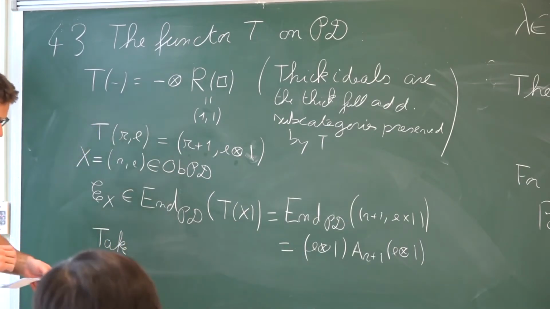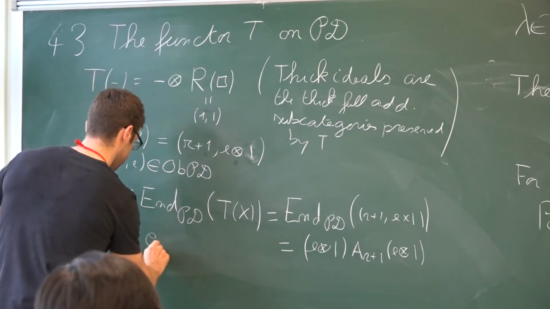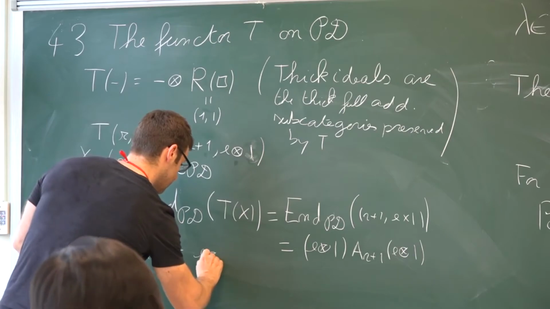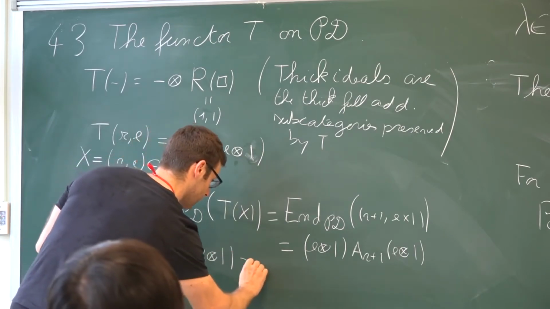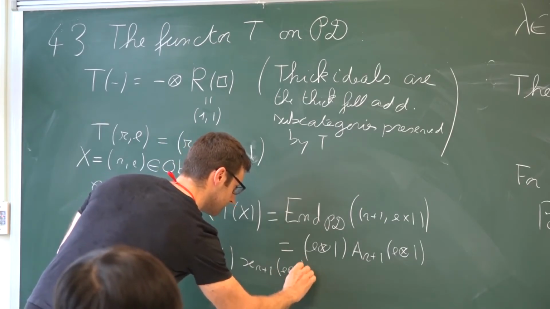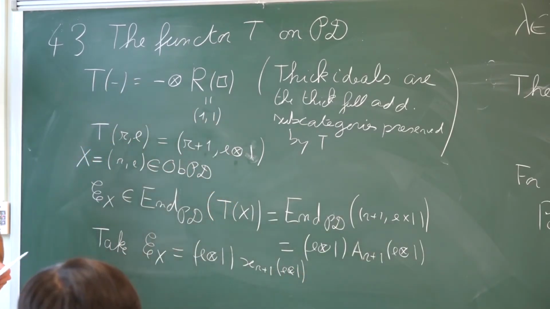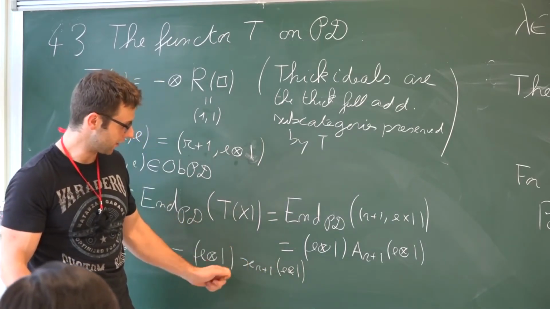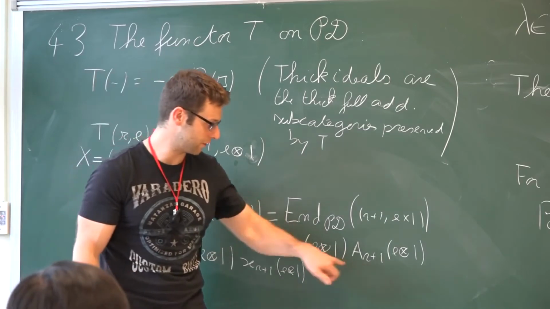And then what we can do is to take one particular element in there, namely the image of the Jucys-Murphy element. This is the last of the chain of Jucys-Murphy elements that we have for this algebra.